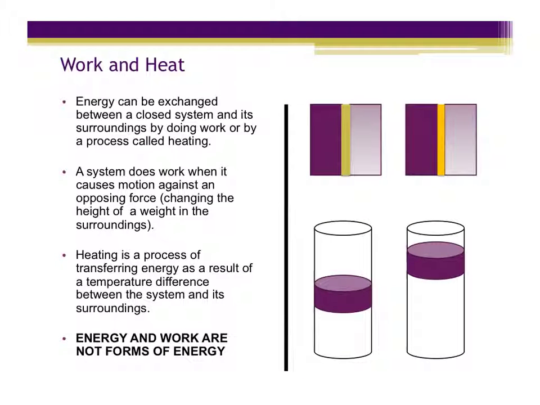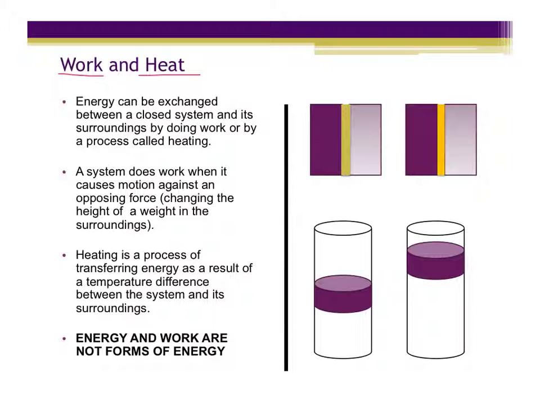So we know that the internal energy of a system is equal to the sum of the heat and the work done by or on that system. And coincidentally, heat and work are not energy. They are not forms of energy. They are ways of transferring energy from one form to another.